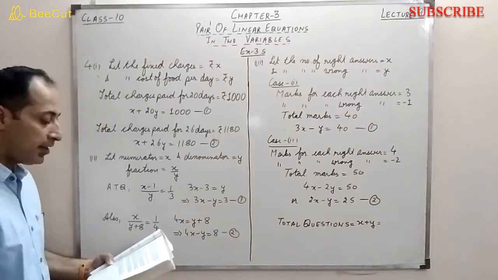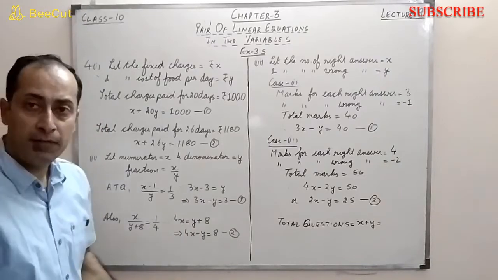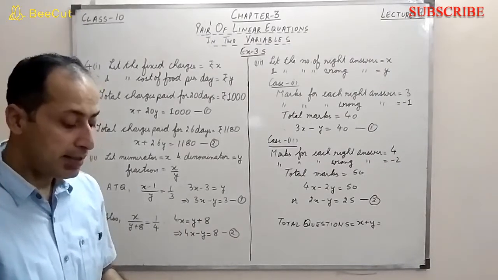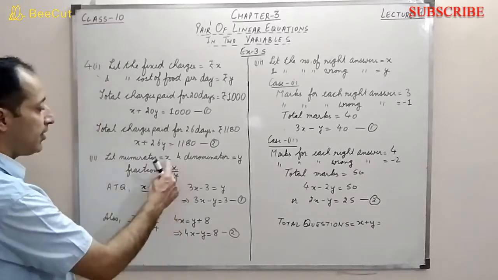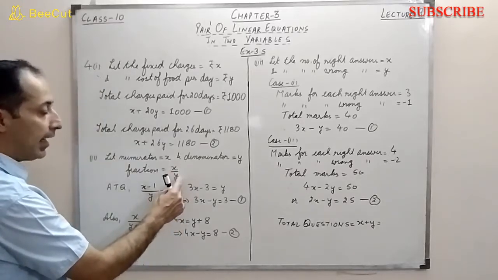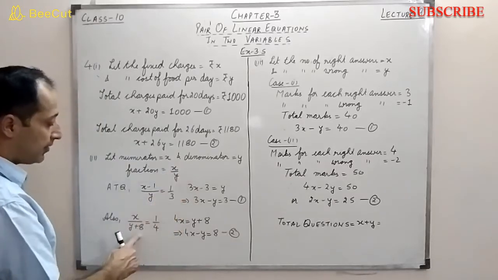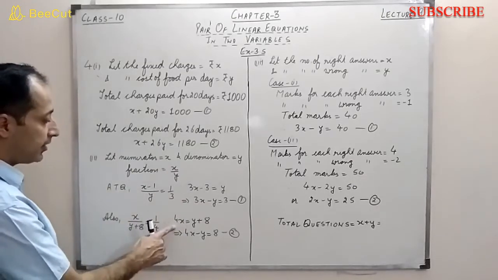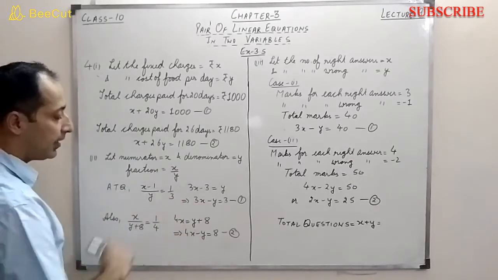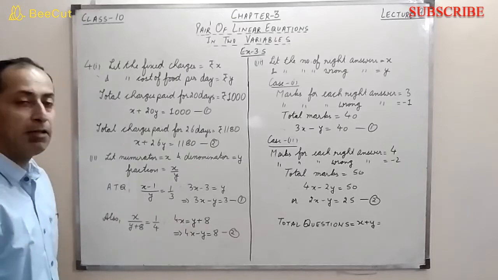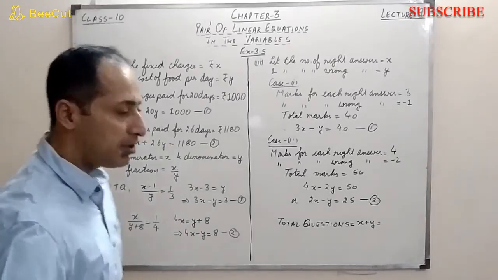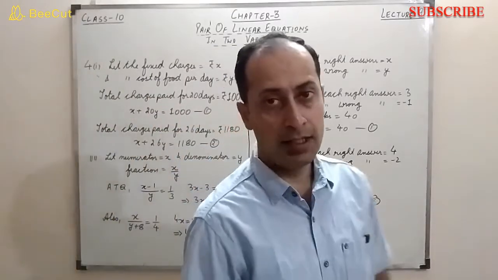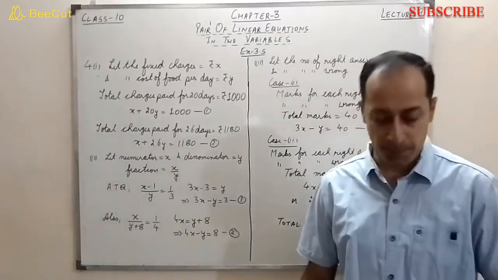Similarly, the next condition: it becomes 1 by 4 when 8 is added to the denominator. If I add 8 to the denominator, that is x upon (y plus 8), it becomes 1 by 4. So I cross multiply: 4x equals y plus 8, and I get the second equation as 4x minus y equals 8. Again, these are the two equations. You can simplify them the best way you like, right?